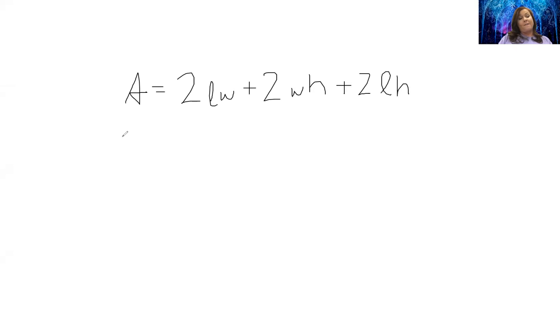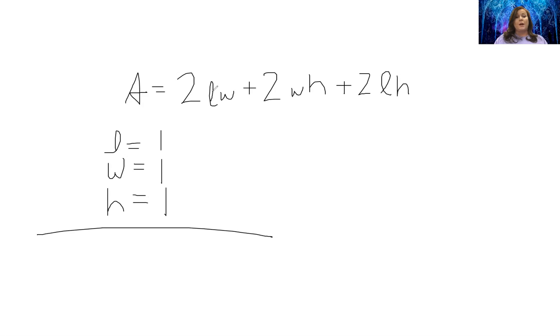So let's look at our first one. I am going to use numbers. So I'm going to do a rectangular prism where length, width, and height are all 1. And I'm going to calculate it. 2 times 1 times 1 is 2. 2 times 1 times 1 is 2. 2 times 1 times 1 is 2. 2 plus 2 plus 2 is 6.